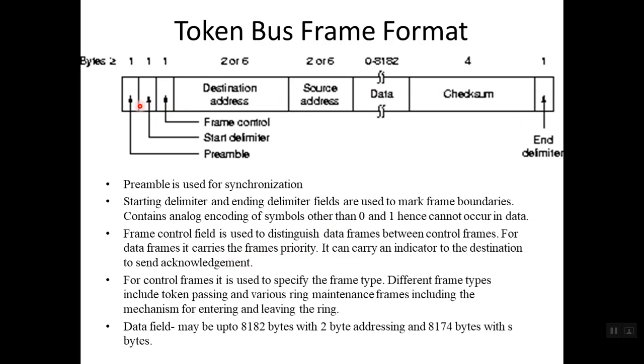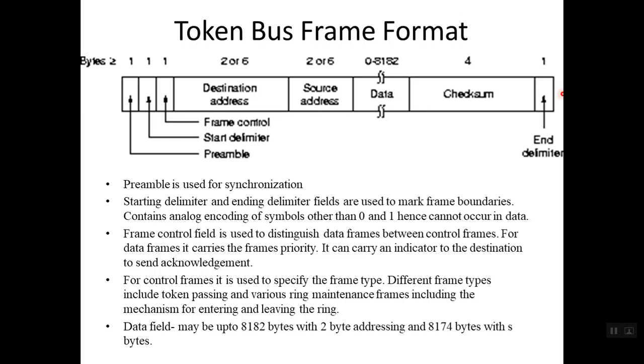So the frame control field will specify the priority of this frame if it's a data frame, or it can carry an indicator to the destination to send an acknowledgement.